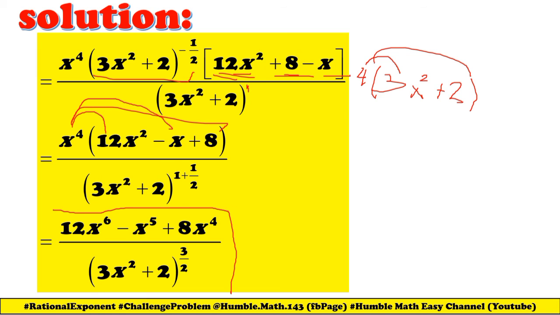So this one would be our answer from the given expression. Then again, here's the tip in working with rational exponents for complicated examples. All we have to do is first understand the basic thing that we should do: try to get the greatest common factor of every numerical coefficient.